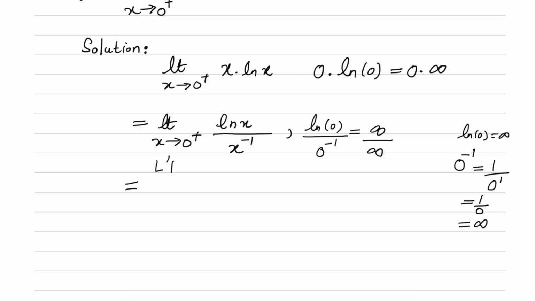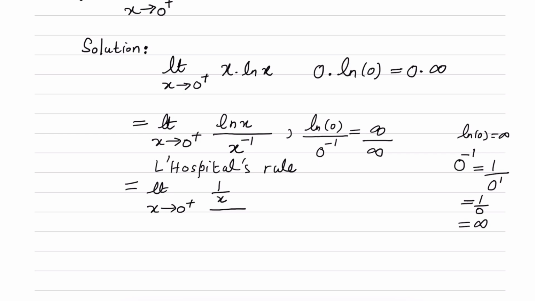So now we apply the L'Hopital rule, which gives us the limit as x approaches 0 plus of the derivative of the numerator divided by the derivative of the denominator separately. The derivative of ln x is 1 over x, divided by the derivative of x to power minus 1.